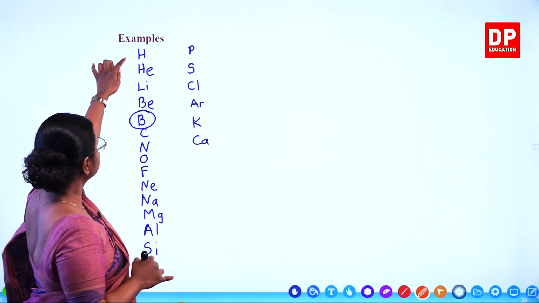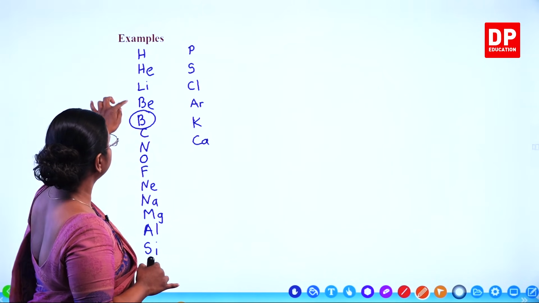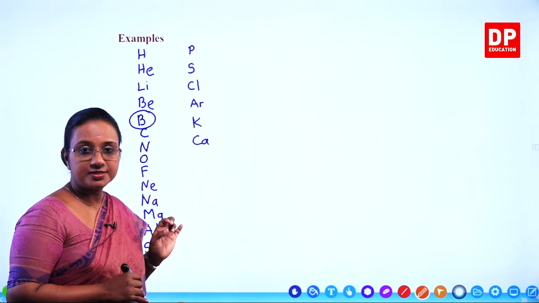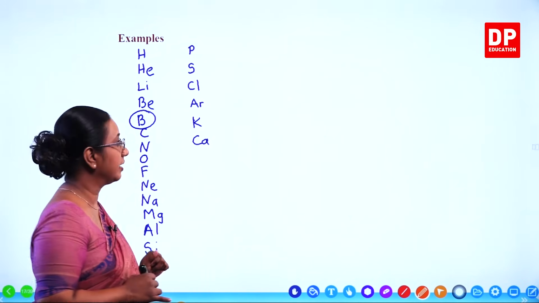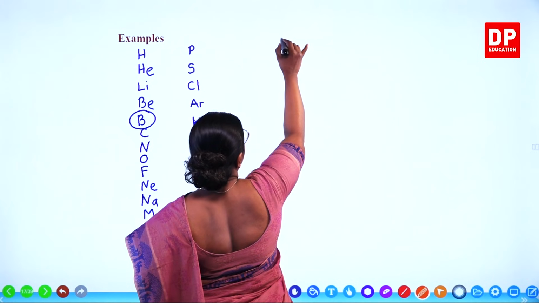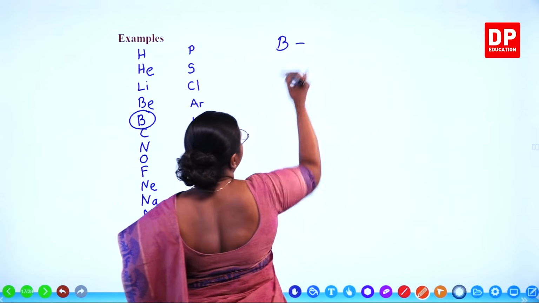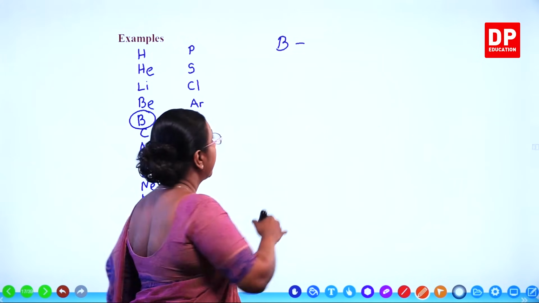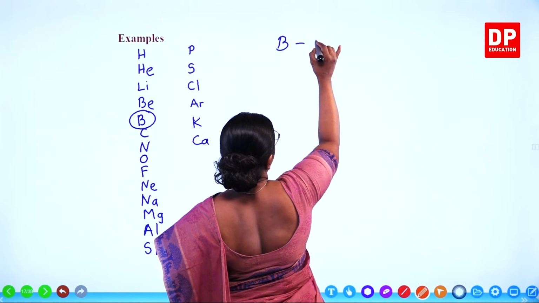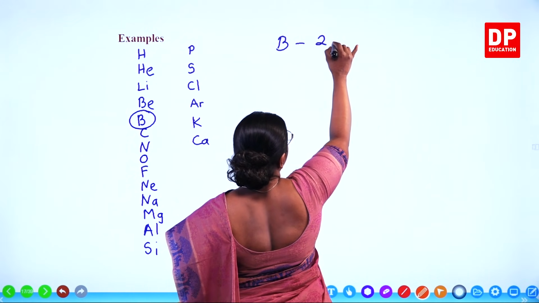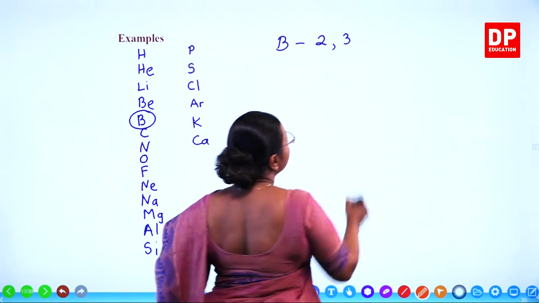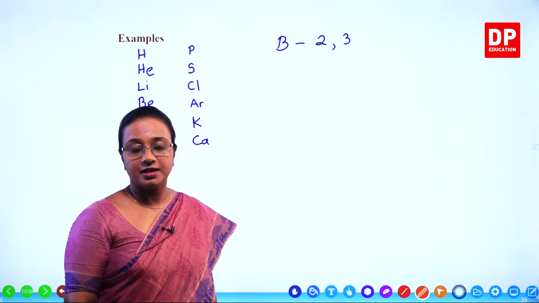Or else you can just count 1, 2, 3, 4, 5. Boron is the 5th element, so therefore the atomic number is 5. If it is 5, boron will have 5 electrons. And to write the electronic configuration, it is going to be 2 in the first shell and 3 in the second shell.